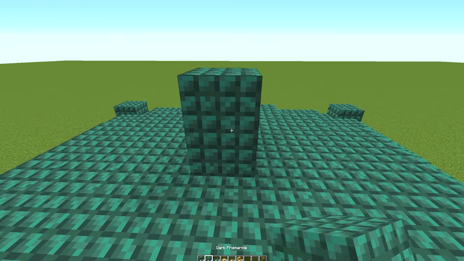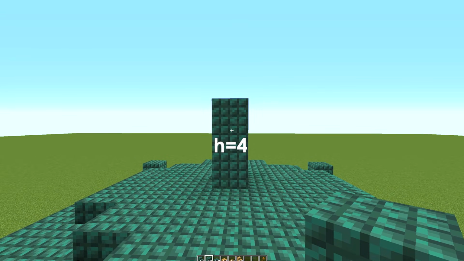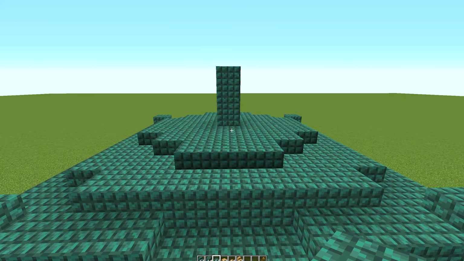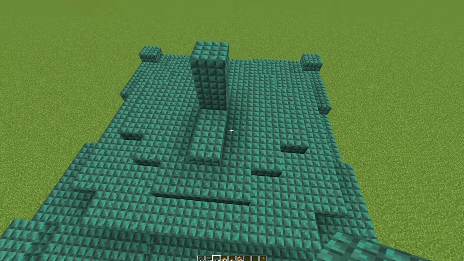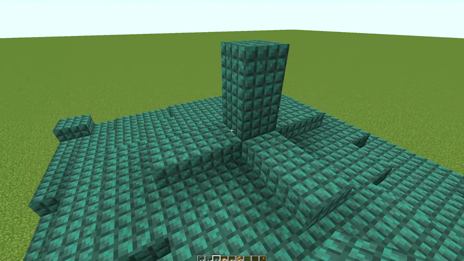The total height of this center part is 4 blocks. 4 full blocks to the top. Now I continue with the next layer 1/2 block above, formed like a cross. 2 blocks out from center and 1 on the diagonal.